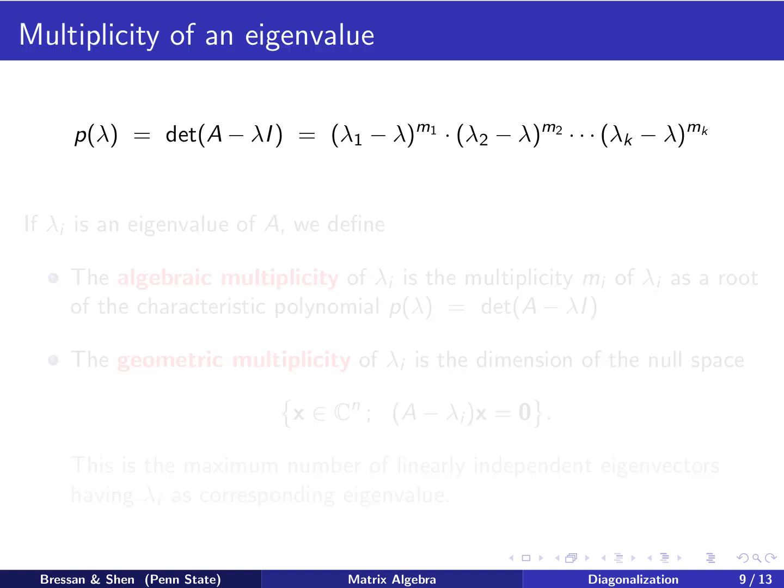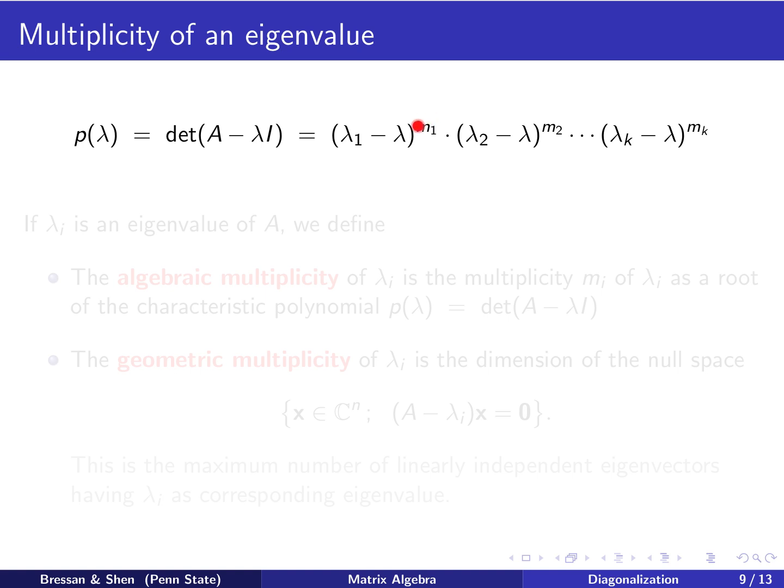Now let's discuss the concept of multiplicity of an eigenvalue. So the characteristic polynomial, if you find all the eigenvalues, in general can be written in product form like this: (lambda 1 minus lambda) to the power m1, (lambda 2 minus lambda) to the power m2, all the way to (lambda k minus lambda) to the power mk.